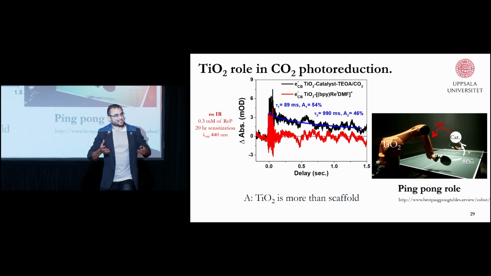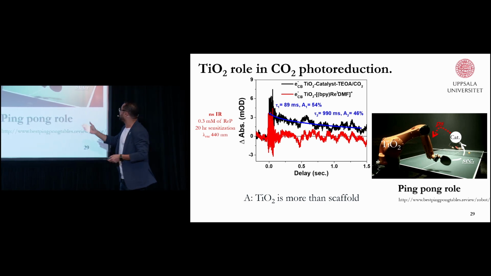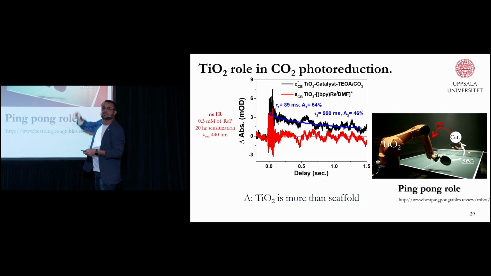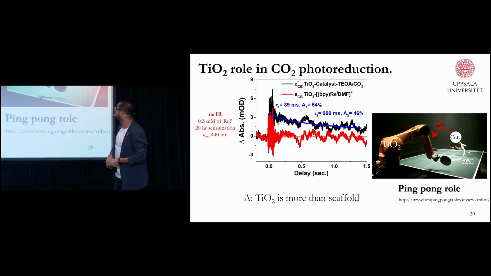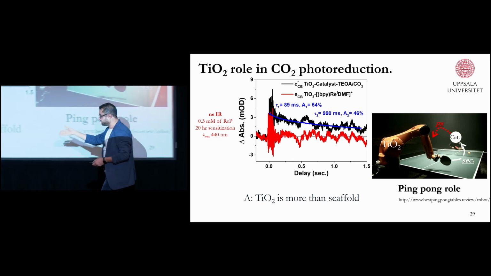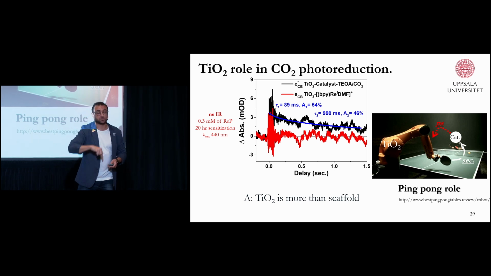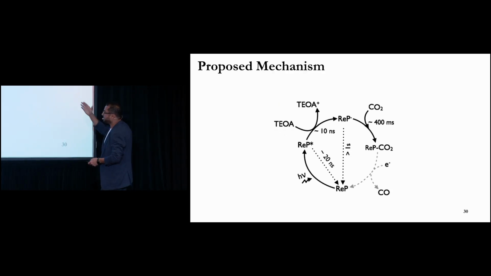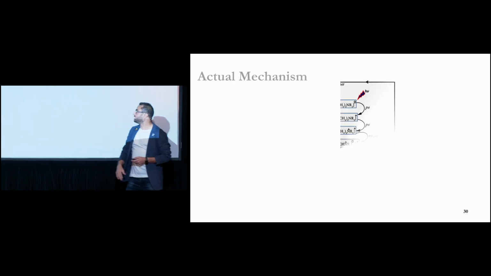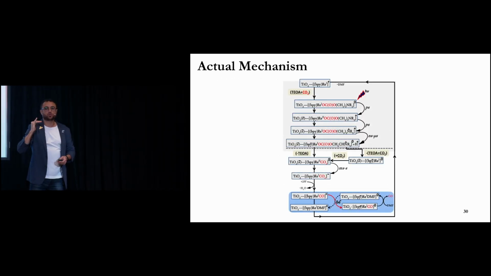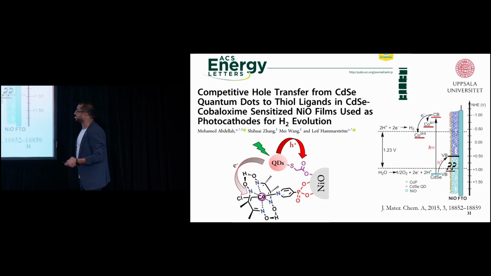It keeps the electrons until the catalyst itself rearranges its environment and gets ready, and then within the second time scale the electrons go back to the catalyst to reduce CO2 to CO. That's why I answered him: titanium dioxide is not only a scaffold, it has electronic interaction with the catalyst. That was the mechanism he proposed before making spectroscopy, and this is what we figured out. We managed to see the signature of each intermediate for such a catalyst.